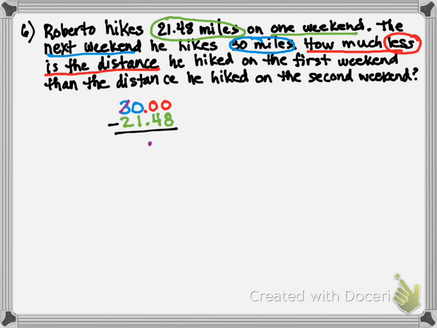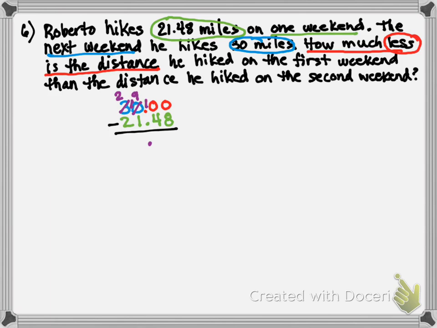So I'm going to borrow all the way, or rename, from the 3 that's in the tens. So I'm going to take 1 away, leaving me 2 tens, and I'm going to change it into 10 ones. But that doesn't help me way over in the hundredths column. So I'm going to take away 1 whole number, which leaves me 9, and I'm going to change it into 10 tenths. Fabuloso.